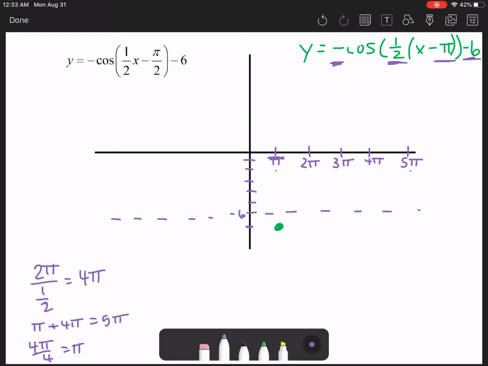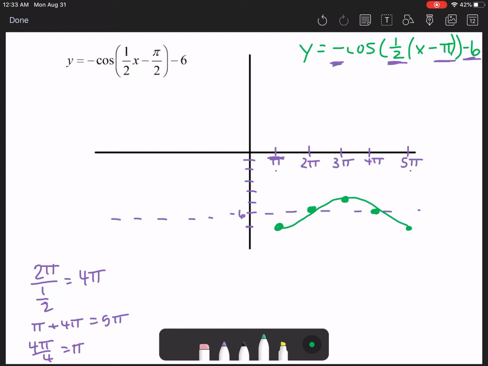Then with cosine, we're going up to the midline, and then we're going to go up again, and then we're going to come back down to the midline, and then back to the minimum where we started. And there is our cosine curve.